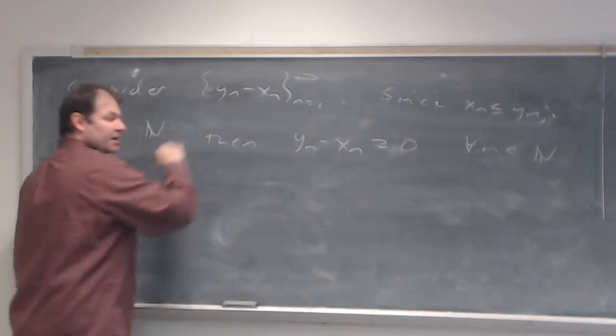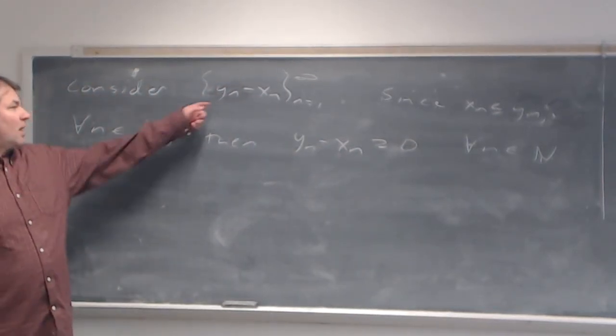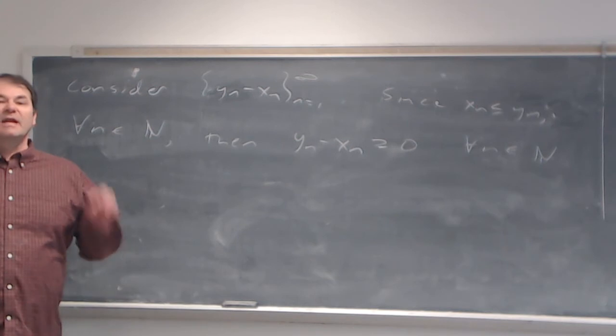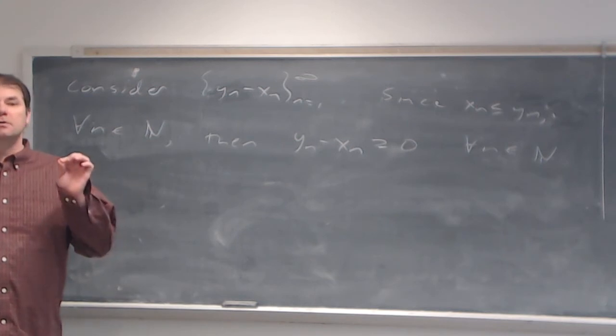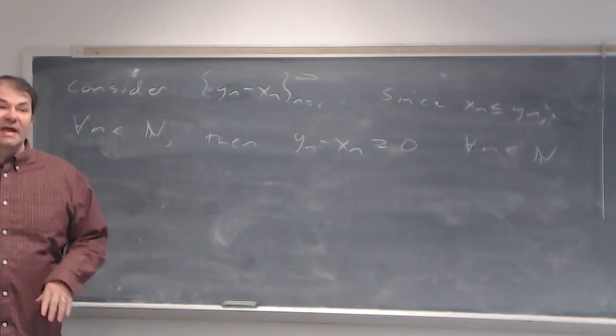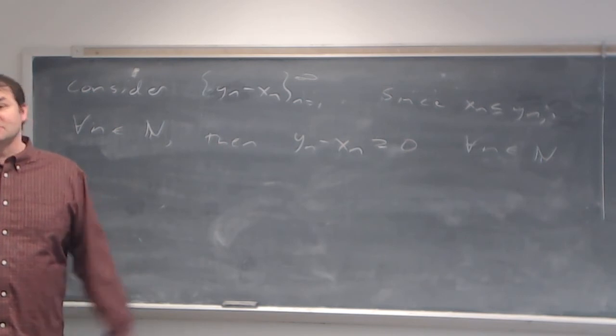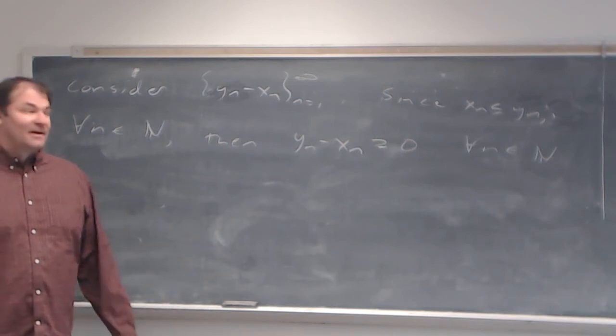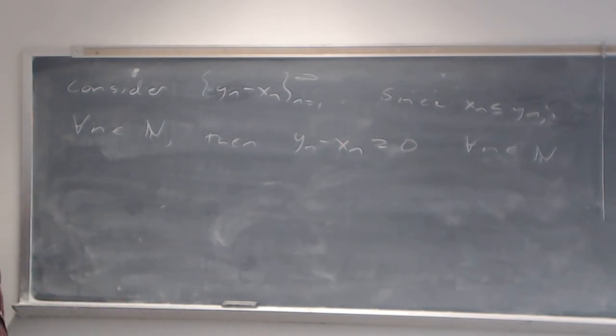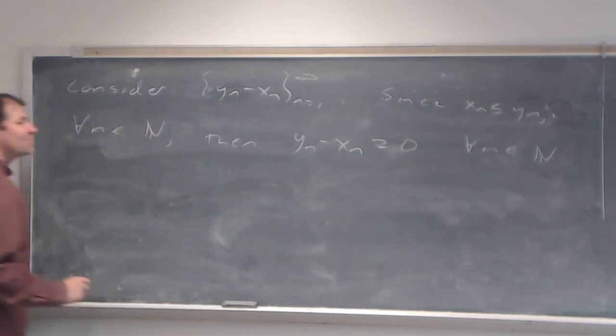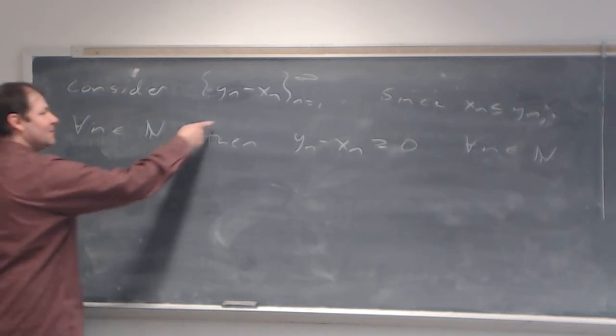So y sub n minus x sub n is a sequence, and all of its terms are non-negative. It's the right thing to say. I usually say positive when I'm not being so careful, because we have to consider 0.